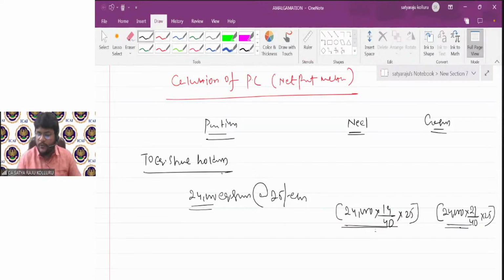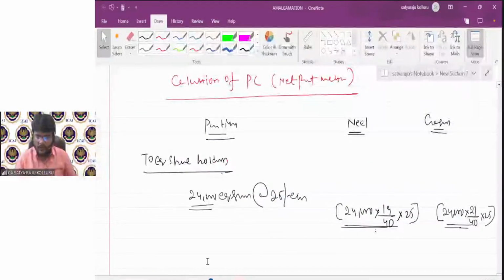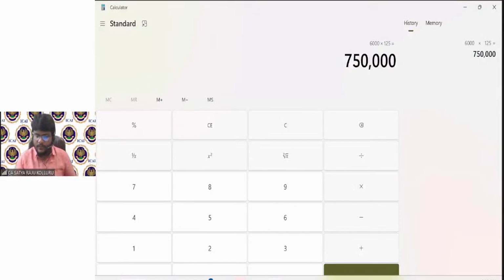This is how much? 24,000 into 19 by 40 into 25. No one is providing any answer here. Can I go to my calculator? Where is my calculator? Yeah.